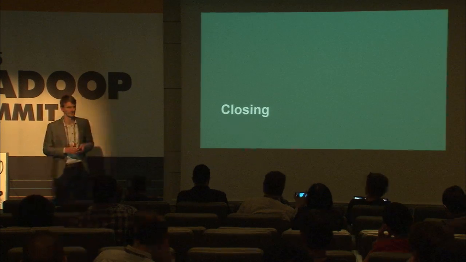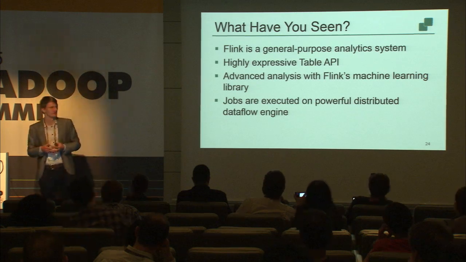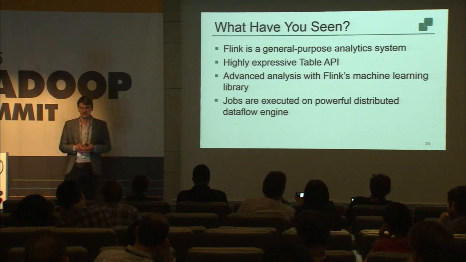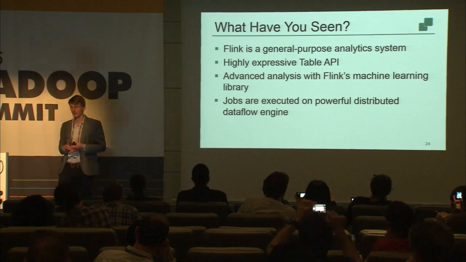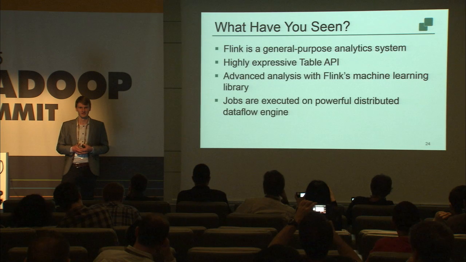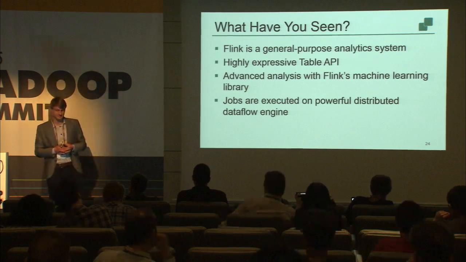This brings me now to the conclusion of our talk. What have you seen today? Well, you've seen that it's really easy to do some ETL jobs with Apache Flink, and in fact, I would say it's fun doing that by using the table API.